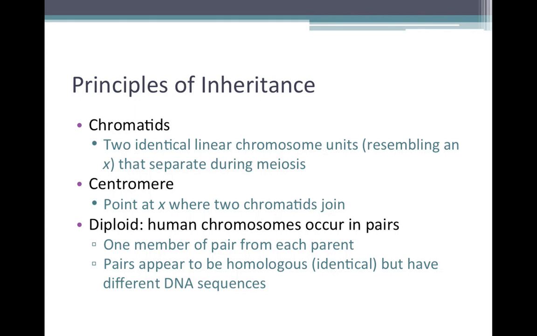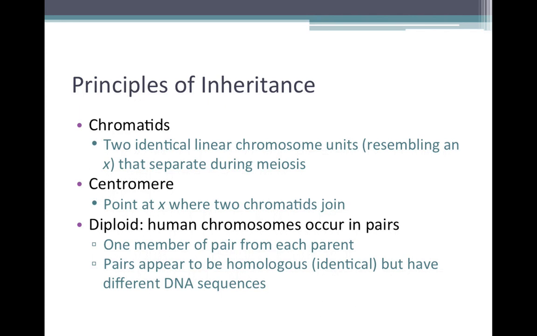Now, most of the cells in an individual's body are said to be diploid. What this means is that human chromosomes occur in pairs, hence the name diploid. So diploid cells have one chromosome from each parent. Because the sex cells are haploid, they have half of the number of chromosomes.